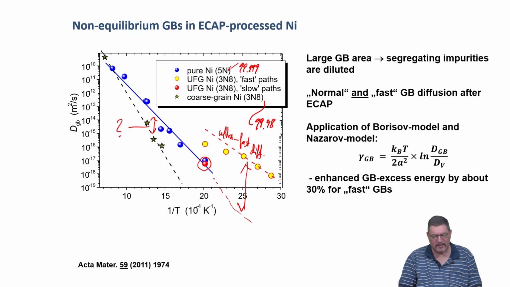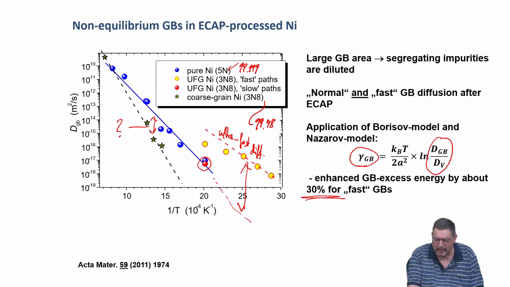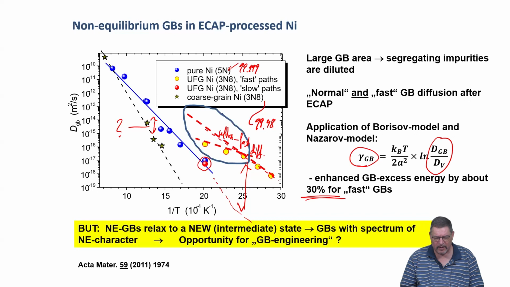And this is an interesting thing because we see it for all severely deformed materials. And we can then apply this Borisov model, basically getting the excess grain boundary energy out of the ratio of the 2 diffusivities, grain boundary diffusivity and volume diffusivity. And this means that we have roughly an increase of 30% of these ultra-fast boundaries which show the ultra-fast diffusion, which is a huge value, but it's not unphysical, it's a reasonable increase.